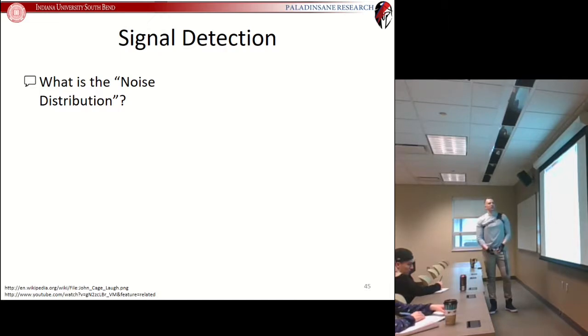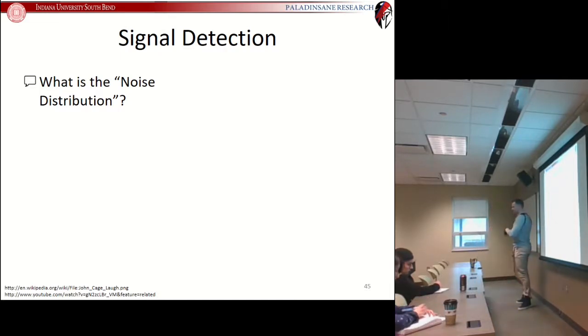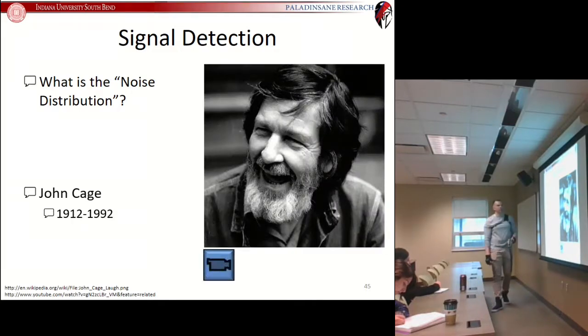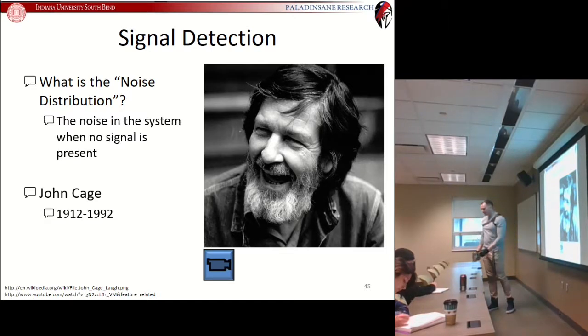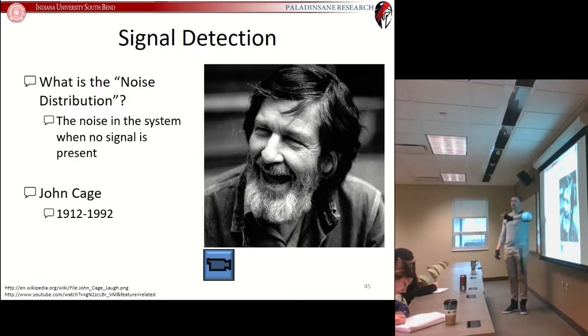All right, so what is the noise distribution? I'll give you an example. We're going to go to composer John Cage and a very famous piece that he did that illustrated the noise distribution. The noise distribution is the noise that is in your system when there is no signal.